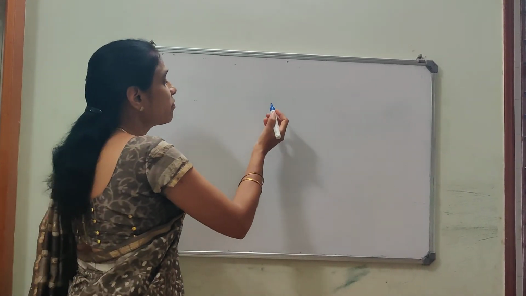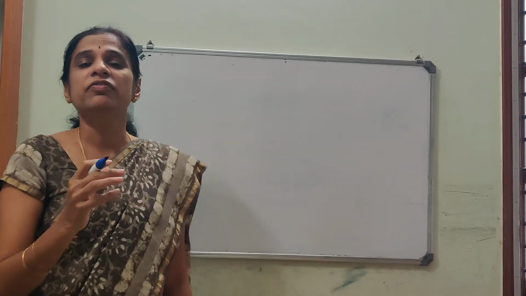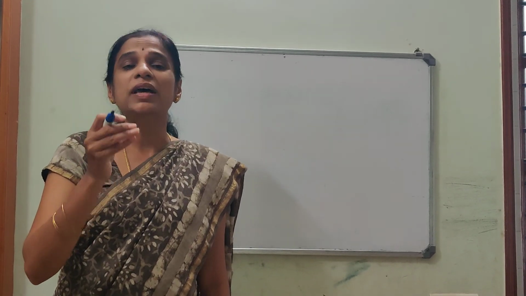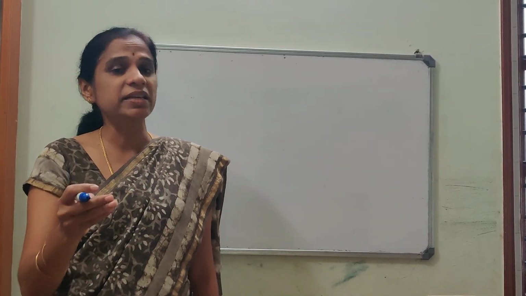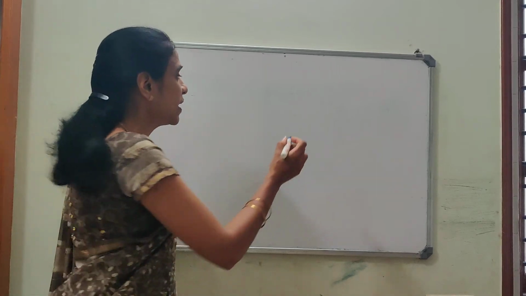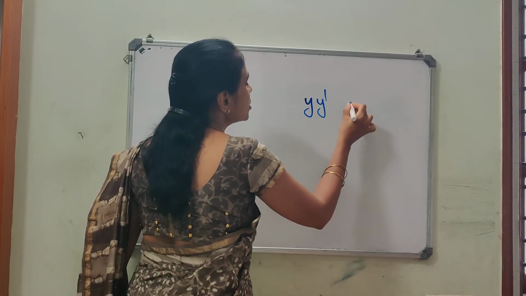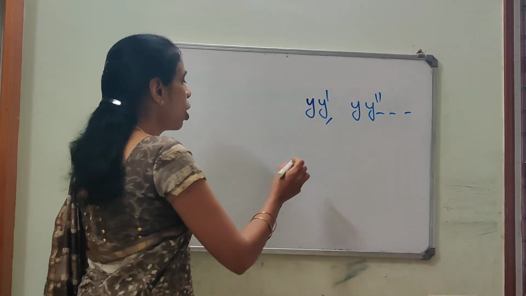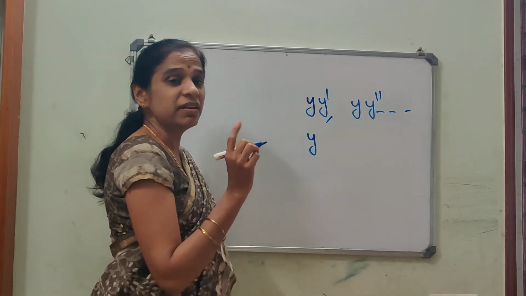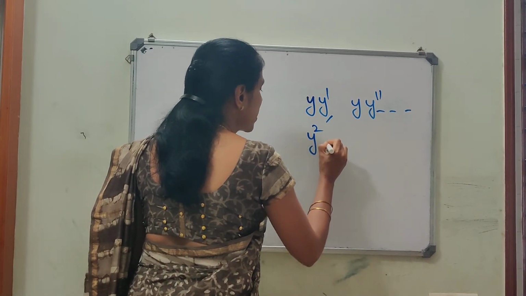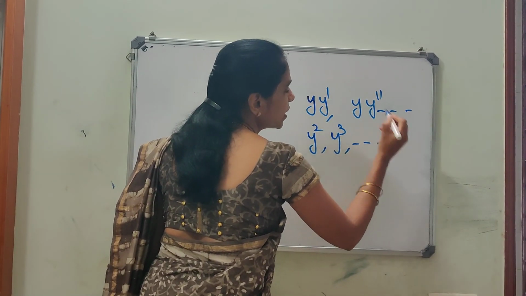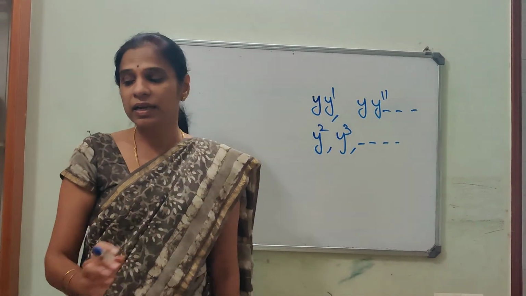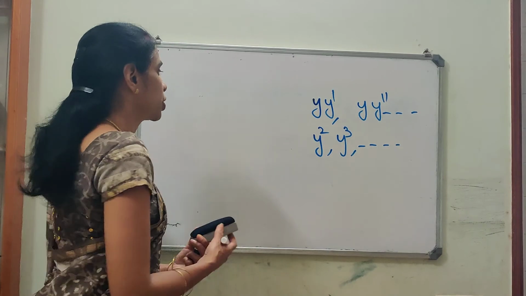So, if you have a differential equation which does not contain the unknown and its derivatives multiplied together, like the terms y into y dash, y into y double dash, such terms are not present, or even y does not appear in higher degree other than 1. So y square, y cube, etc. such terms are also not there. Then we call such an equation a linear differential equation.